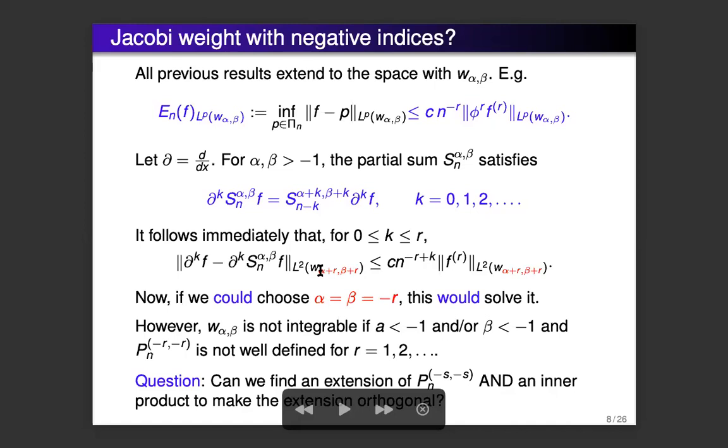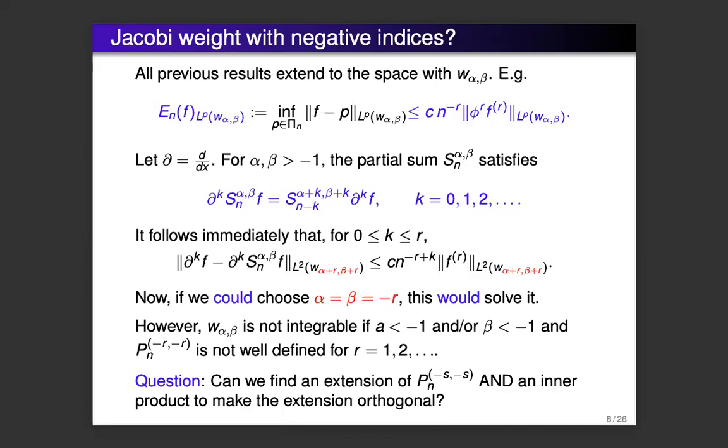So now, if we could just choose alpha and beta equal to -R, then we would solve my original question about the Legendre polynomials. If this is -R, then this would be 0, but W0 is simply 1. So that would solve my original Legendre polynomial problem.